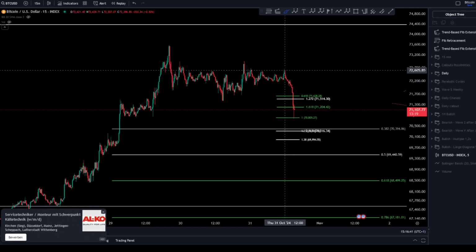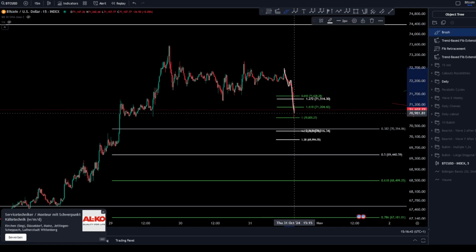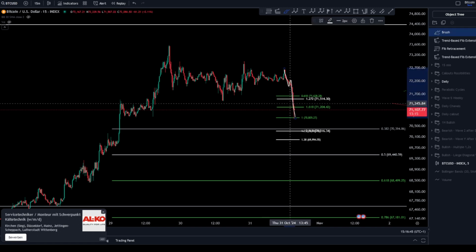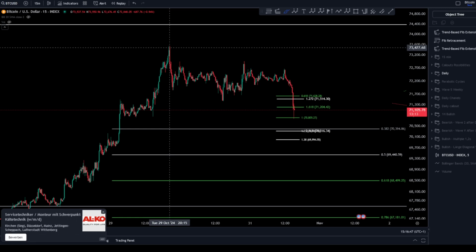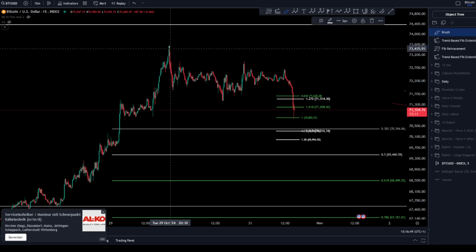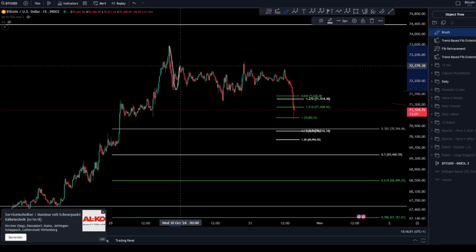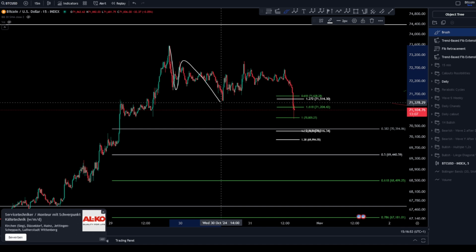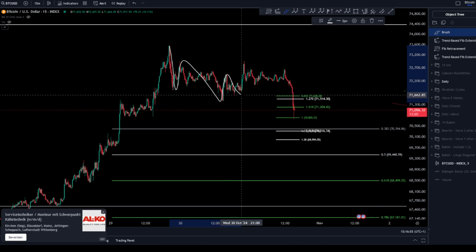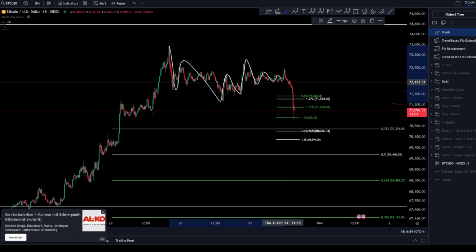So therefore, your impulse has started already here. And the only way to say this is by having here a finished W, right? And then you finished an X here as a triangle. And then also your Y was a triangle.